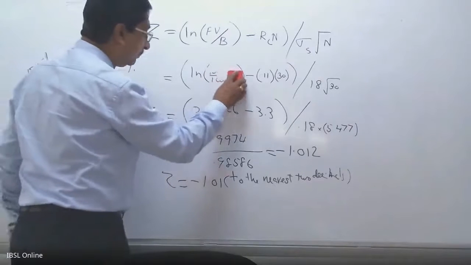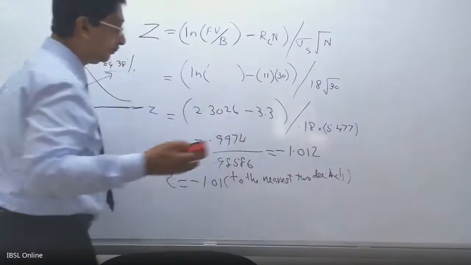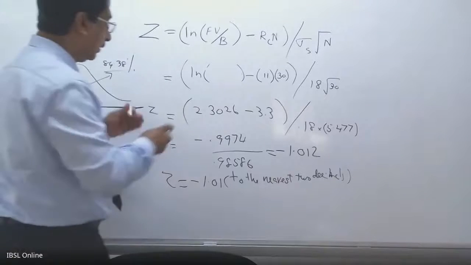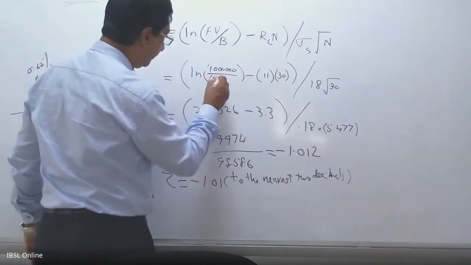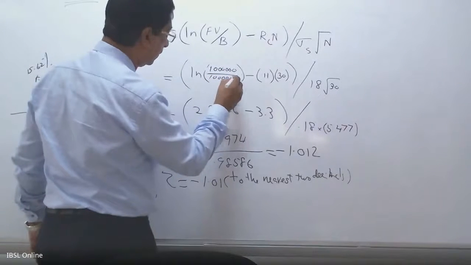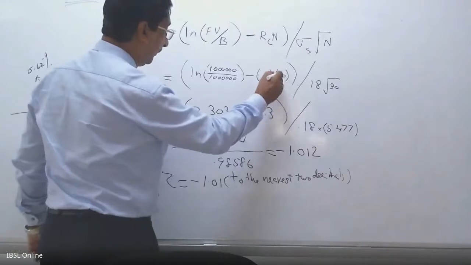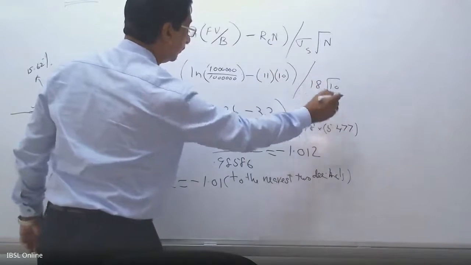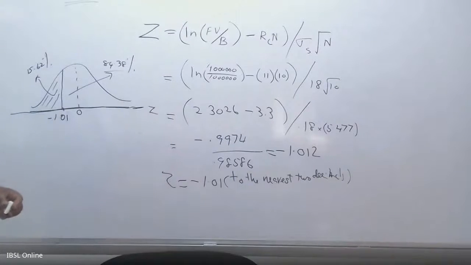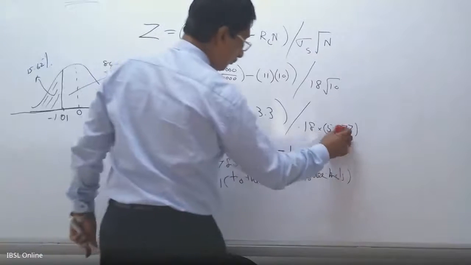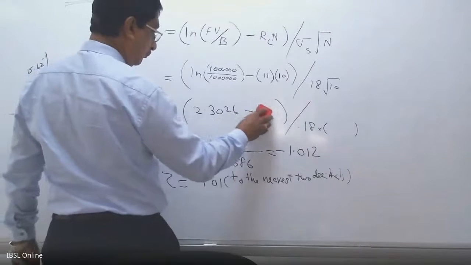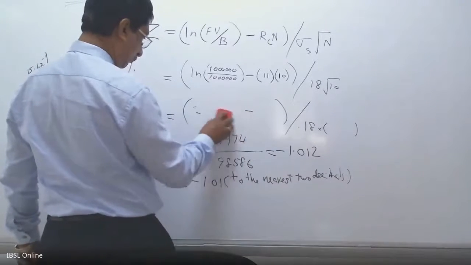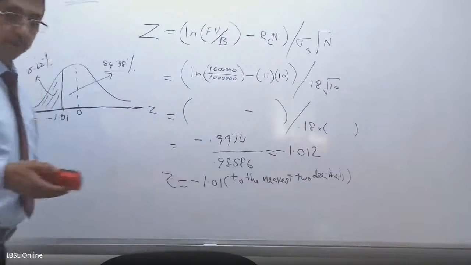Here it will become 1 million divided by 1 million, and here n will become 10. Now we will do the calculations accordingly. What is log 1?